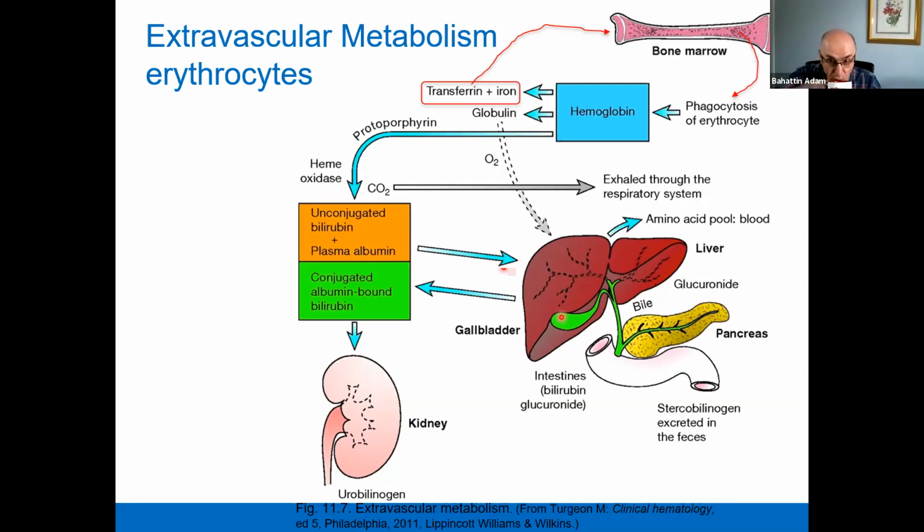Now it is able to circulate via blood, and then this conjugated bilirubin is excreted either via the kidneys as urobilinogen, or via feces as stercobilinogen. The color of the feces comes from the bilinogens.